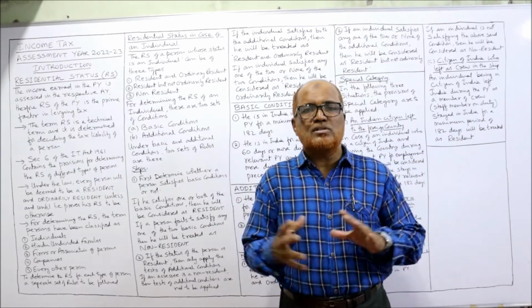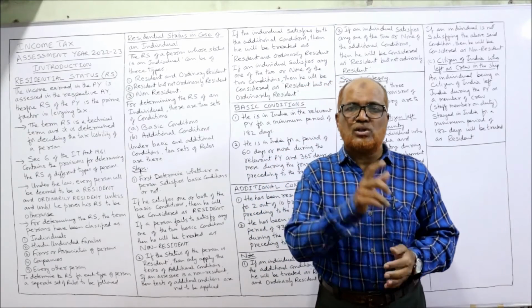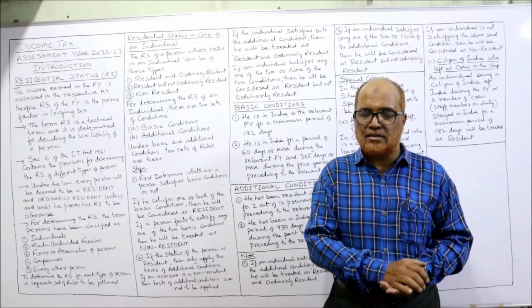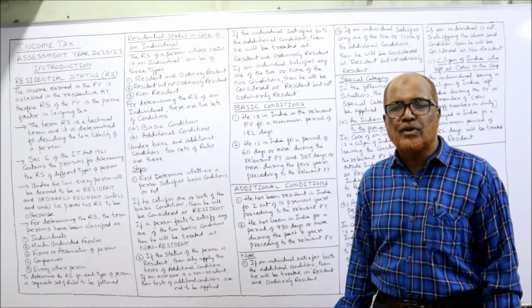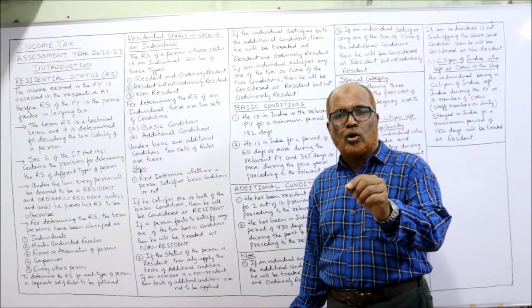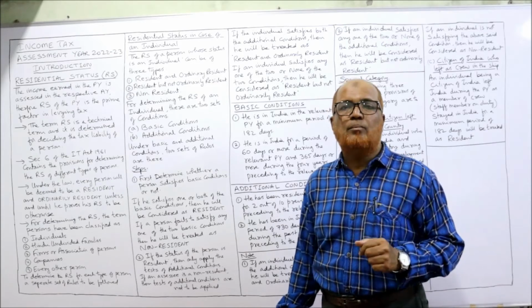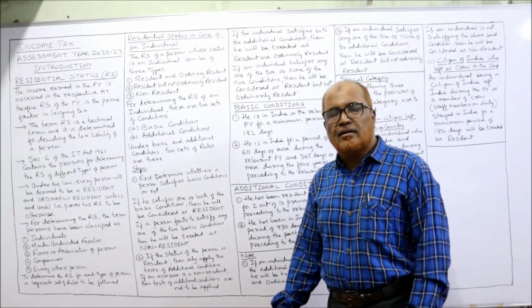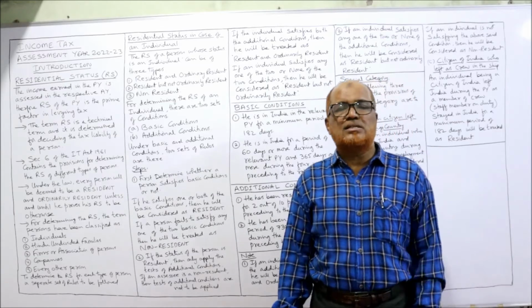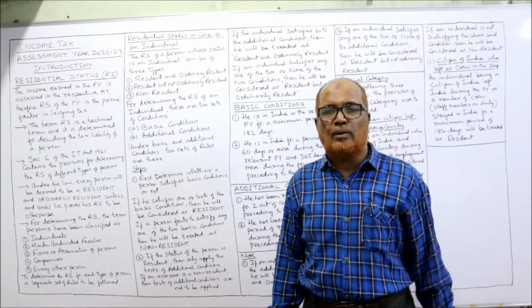So all provisions are contained in Section 6 of the Income Tax Act 1961, and those provisions I am going to explain to you in detail. Always keep a pen and notebook beside you and write down the important points. Now, first of all, we are discussing the residential status of an individual.